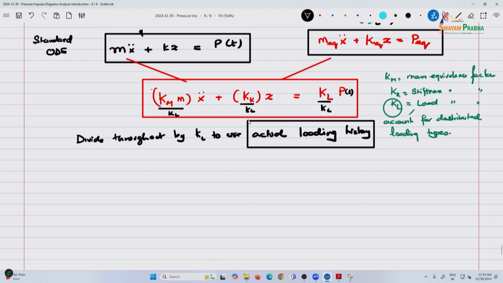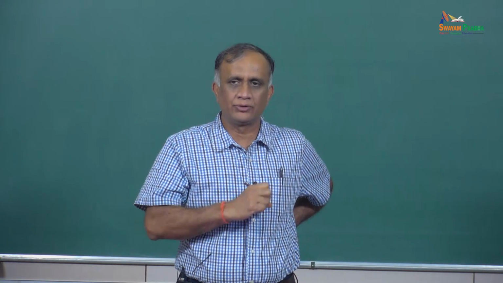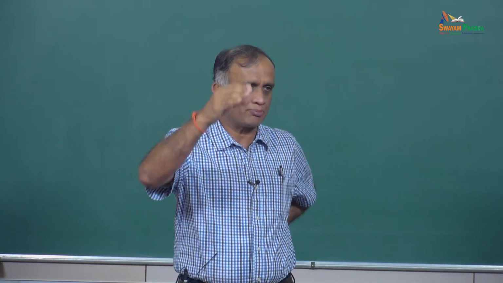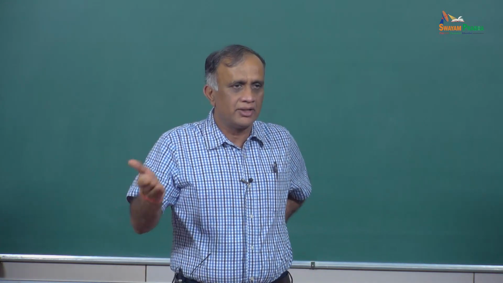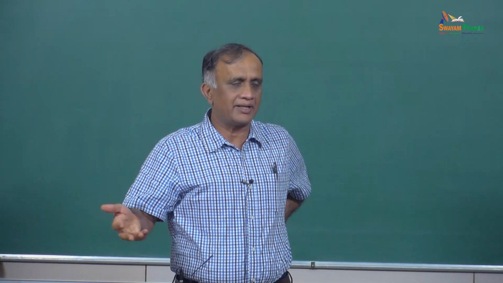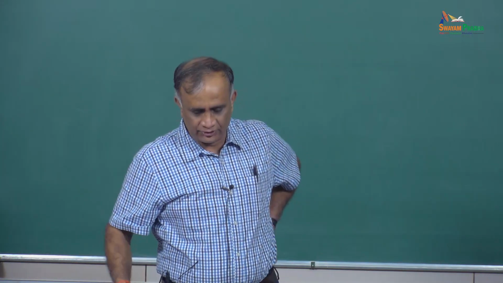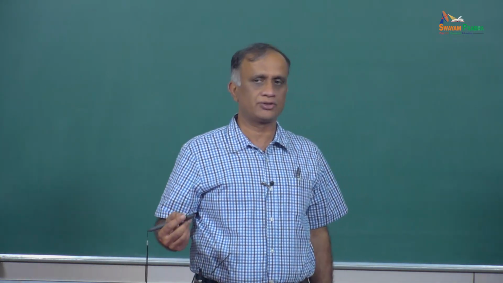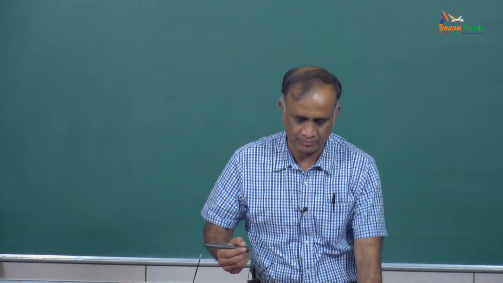So when you even use non-linear, you can actually give a P versus T curve from your experiments. If you are doing experimental simulations, I think several of you are working on experimental works. Once you finish your experimental work, then you want to do numerical simulations, you have your blast pressure versus time history curves. You can use those curves directly without any scaling, and still go ahead and use non-linear or other SDOF programs.